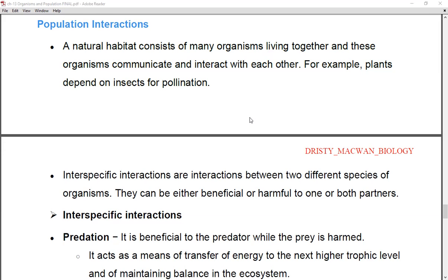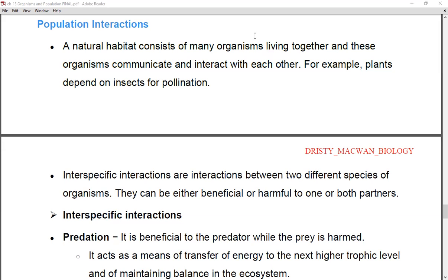Now, interspecific interactions are those interactions between two different species of organisms. When two different species are present in a single habitat and are interacting with each other, they are said to have interspecific interactions.